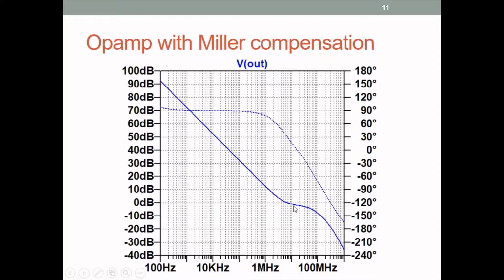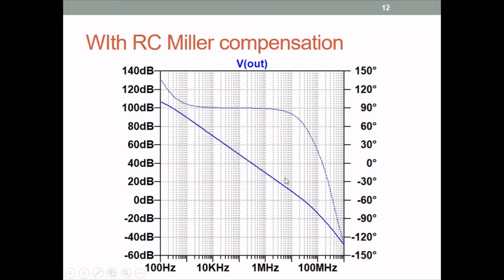So this is not working because of the zero frequency. Alright, the additional phase beyond 45 degrees, the additional phase up to 20 degrees is due to the right half plane zero. Now here is another Bode plot which has RC Miller compensation, which we'll talk about next.